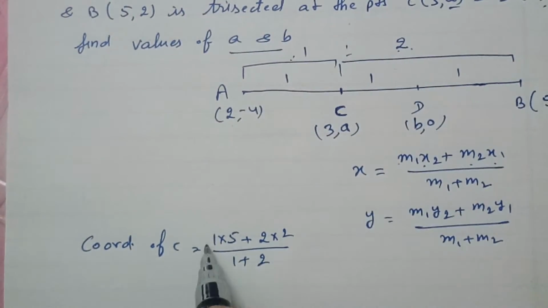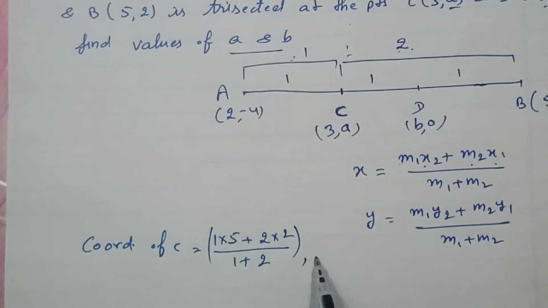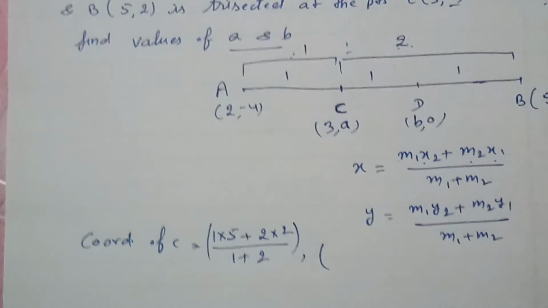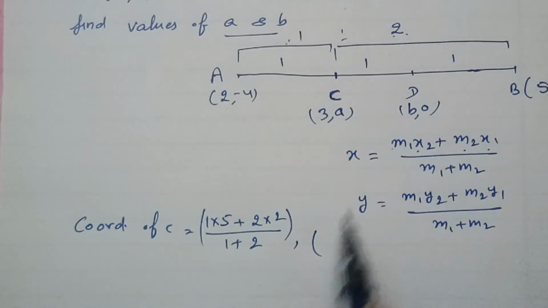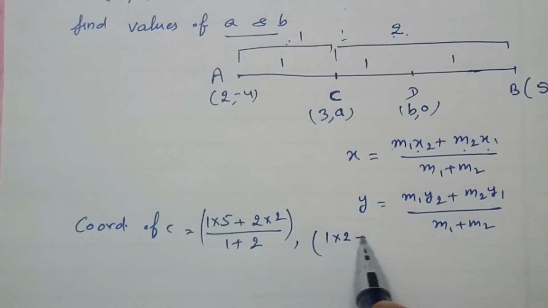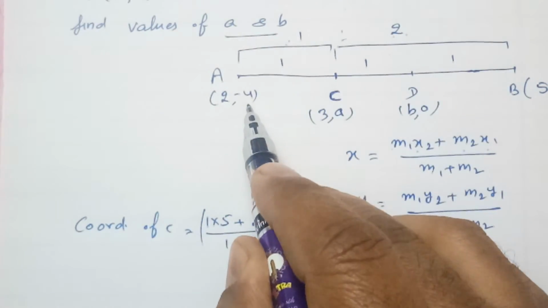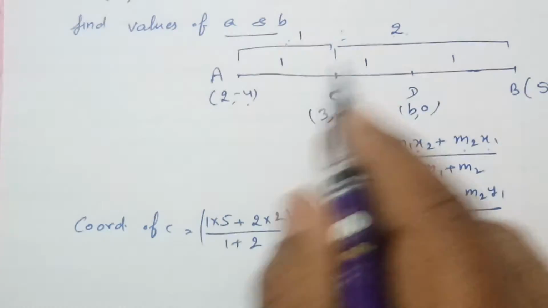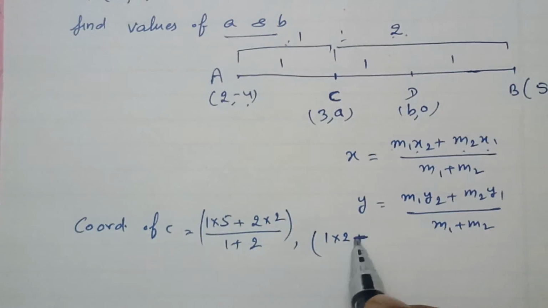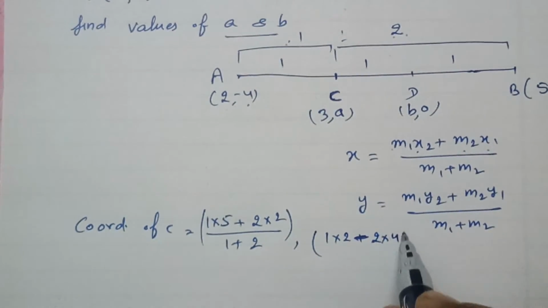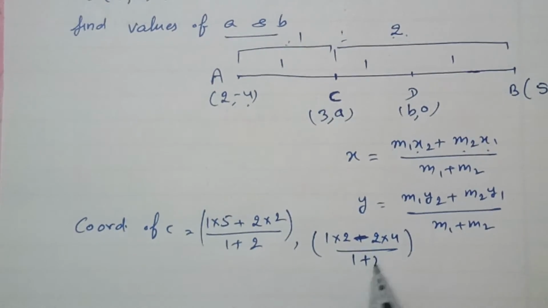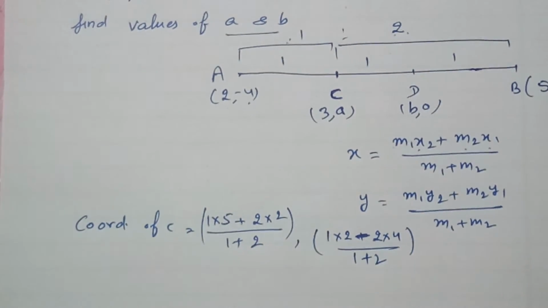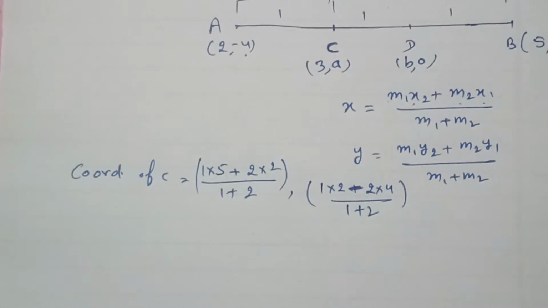This is for X. For the Y coordinate it is m1 y2, 1 into 2, plus m2 y1, that is 2 into -4, so minus will come here, 2 into 4, over 1 plus 2.